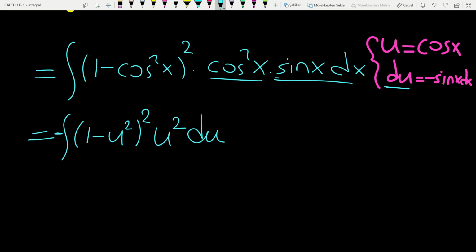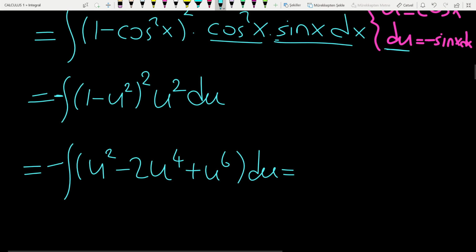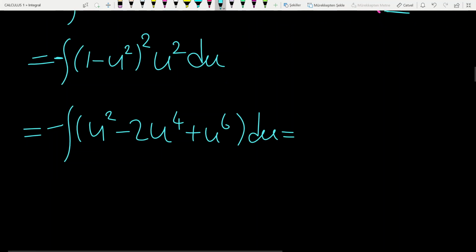This is equal to minus the integral of u squared minus 2u to the power 4 plus u to the power 6 du. It's very easy to find antiderivatives for these functions of u. Let me write the final answer in terms of x. I use back substitution.